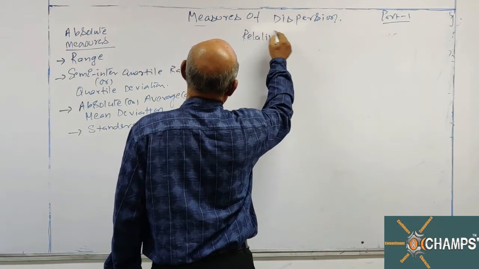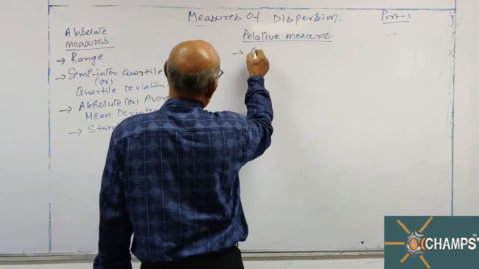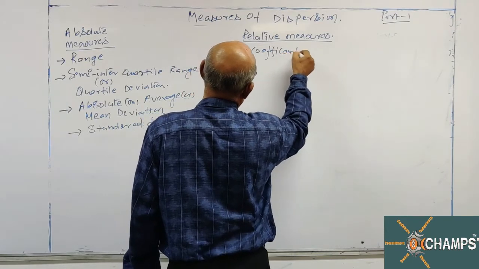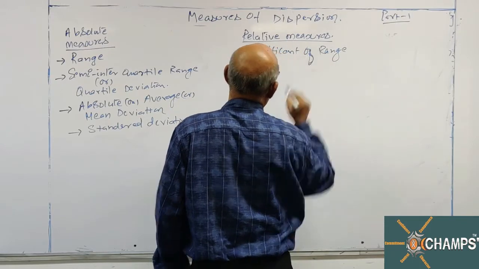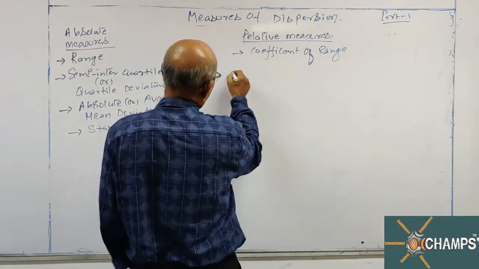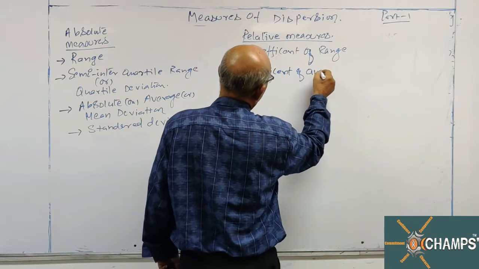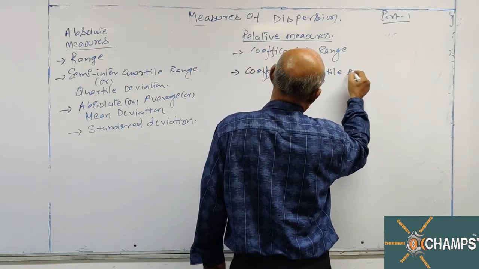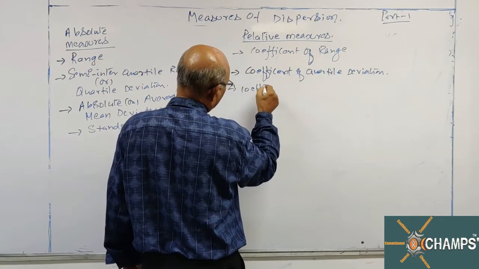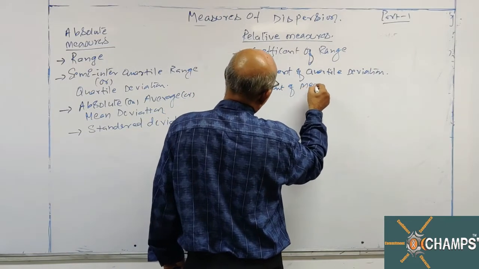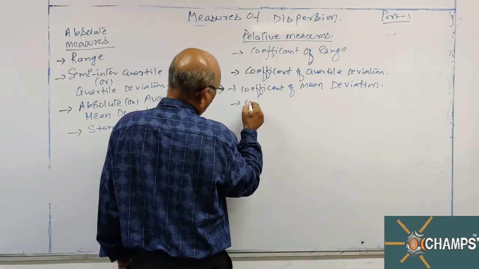Relative measures: coefficient of range, coefficient of quartile deviation, coefficient of mean deviation, coefficient of variation.